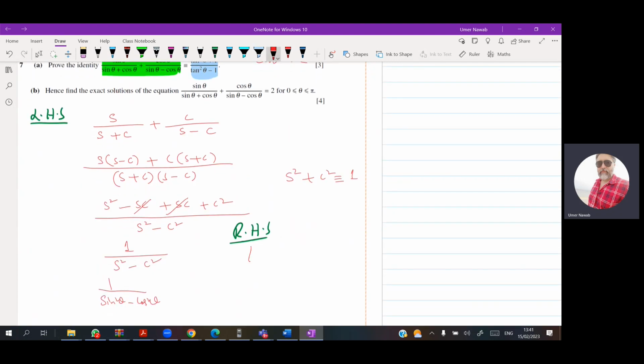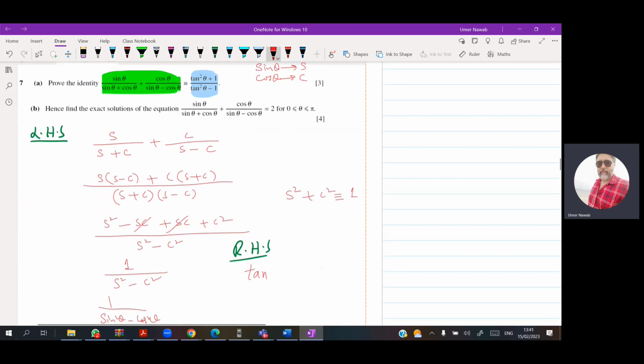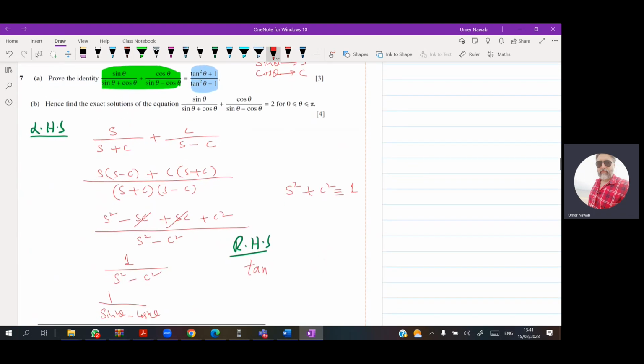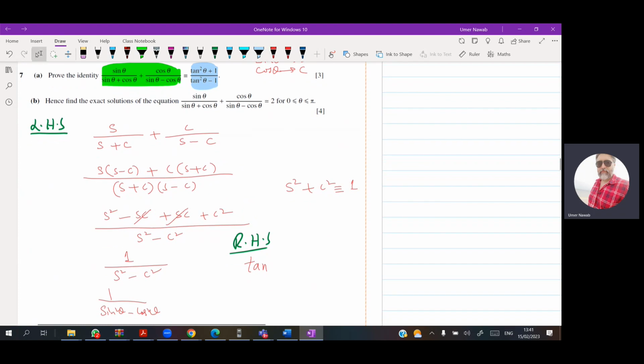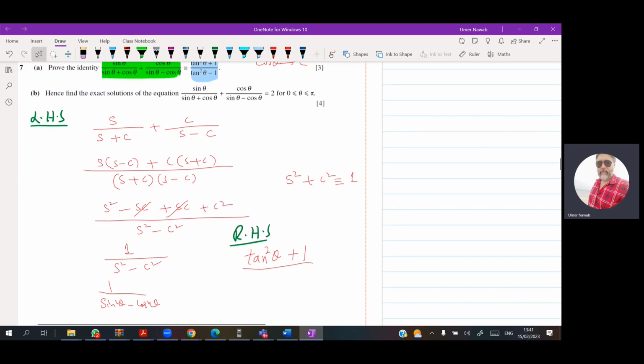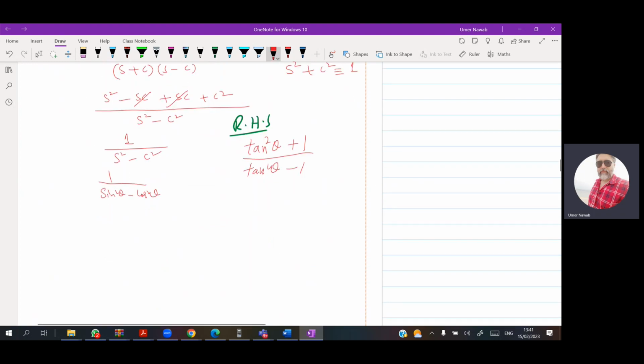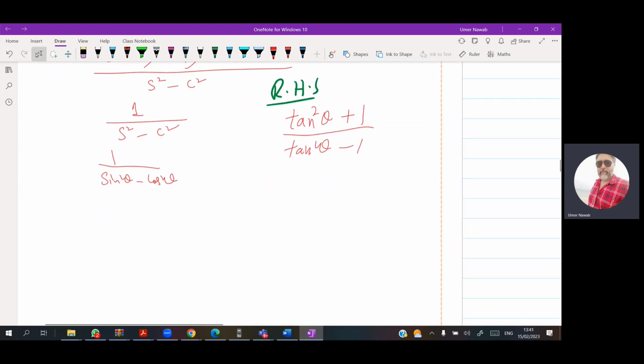Sometimes the examiner gives you an identity which cannot easily be matched with the right-hand side. In that scenario, you start from the left-hand side and stop somewhere, and then you start your right-hand side and also start solving it. And then a point comes where both results will give you the same answer.